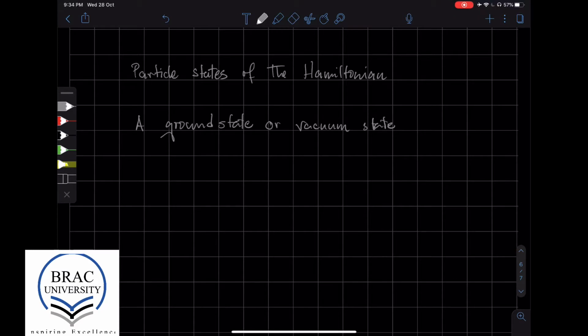In Dirac bracket notation it is written as 0 in a ket, and it's defined to be that state which is annihilated by all the annihilation operators. So a(k) on 0 is zero for all values of the 3-momentum k.